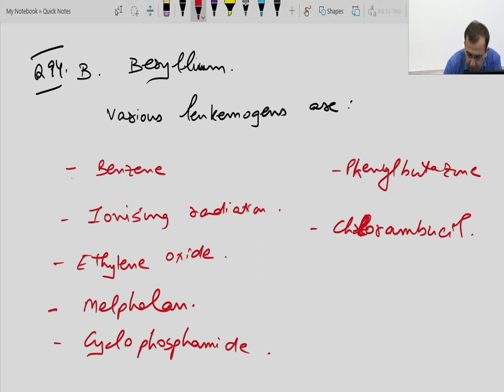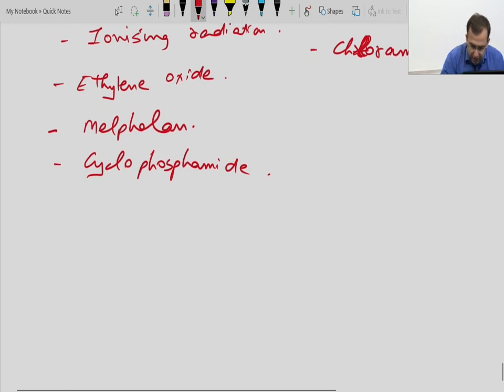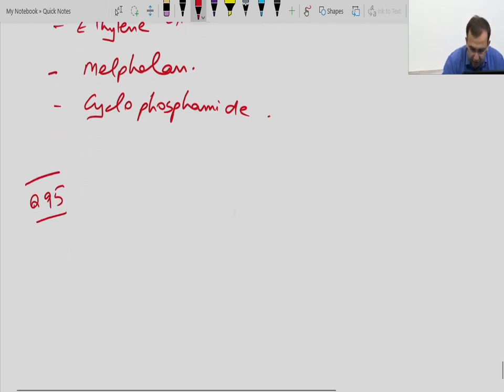These are the various leukemogens. You need not rote-learn this, just have a look at the list once or twice and you will remember everything about it.